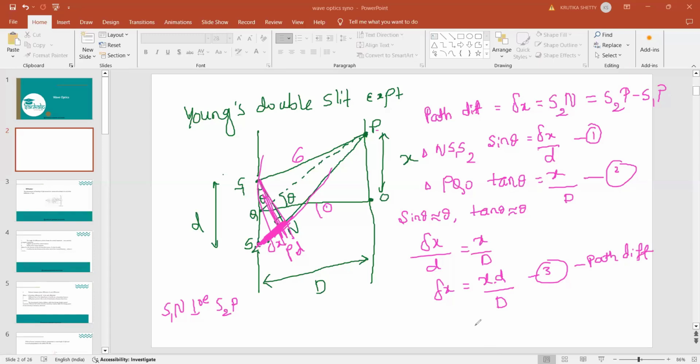Or we can also write it as x is equal to delta x into capital D divided by small d. This is equation 4. Just check if any doubt is there, please ask.